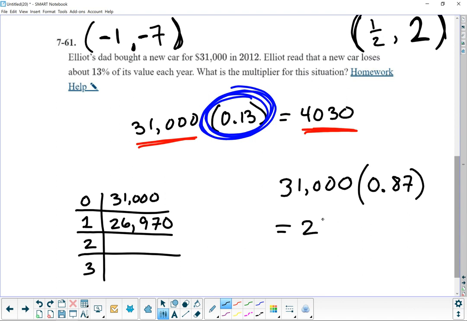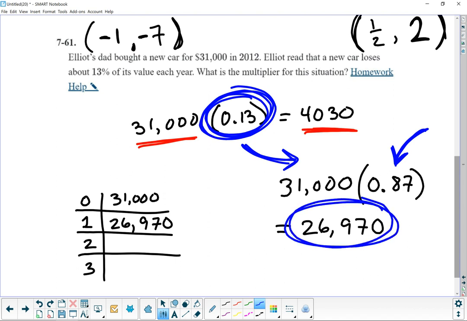You get 26,970. So instead of thinking about losing 13%, you could think about keeping 87%, meaning that out of 31,000, if you keep 87%, the car is actually worth 26,970. So your multiplier in this case is 0.87.